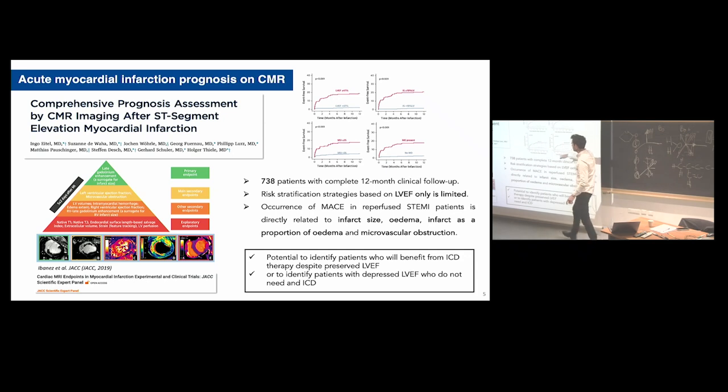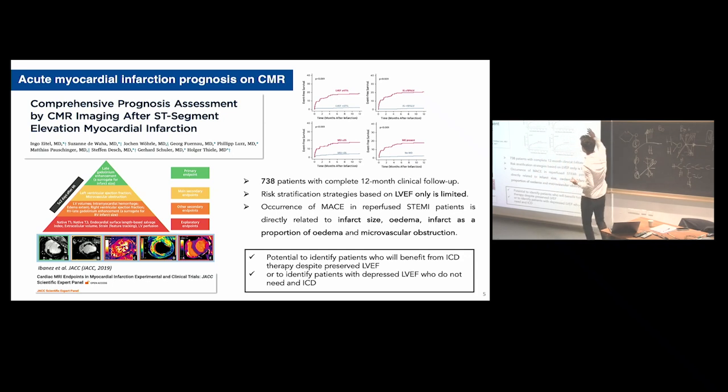So they had the idea to recruit almost 1,000 patients with acute myocardial infarction. They used all the sequences available in their MRI, looked at all the parameters possible, and saw after 1 year if we can correlate these new biomarkers with the MACE event, which means did this patient have a new myocardial infarction, experience sudden cardiac death, have cardiac arrhythmia, or another infarction.